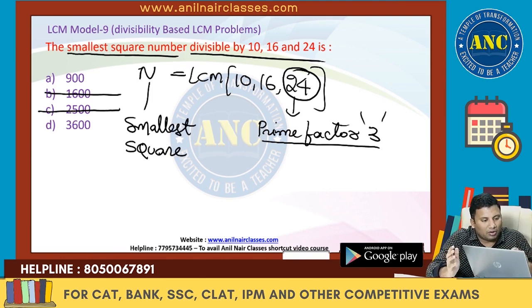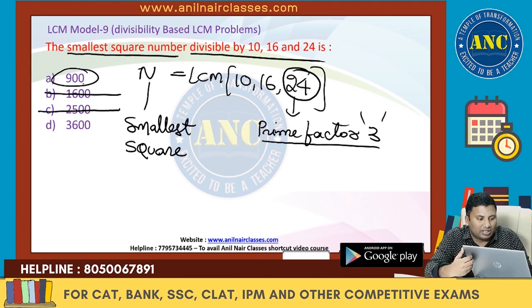So 2 are out. 900 is remaining and 3600 is remaining. Now see here, what is left in these? Let me take 900. Is 900 divisible by 10? Yes. Is 900 divisible by 16?